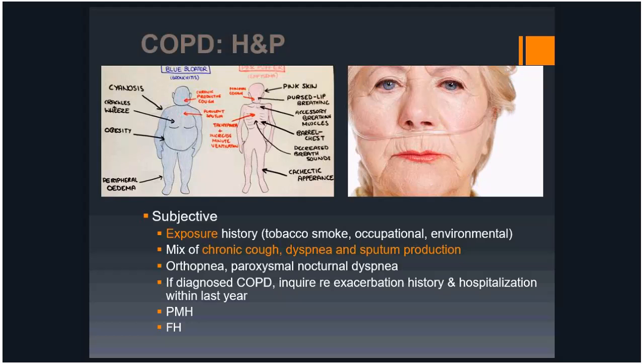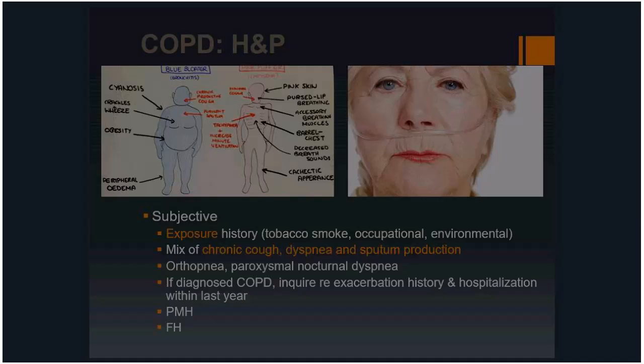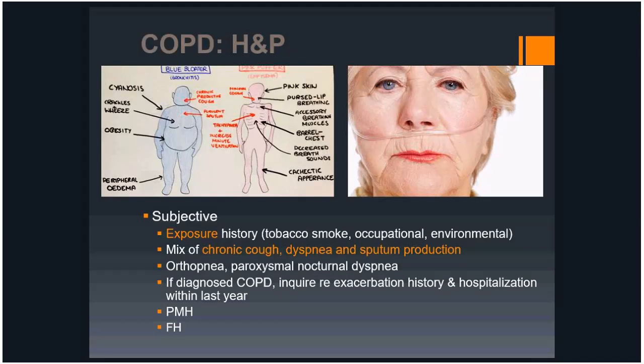One of the things I do want to note, you will see from the picture, is that it talks about some of the classic symptoms with cough, sputum production, frequent infections, the dyspnea, the wheezing, the pedal edema. I've had students in the past ask, where does the pedal edema come from?